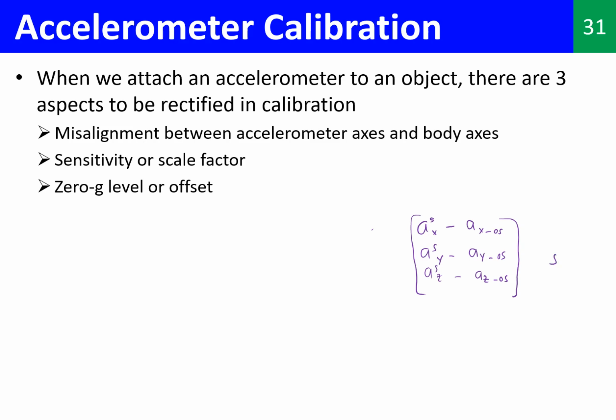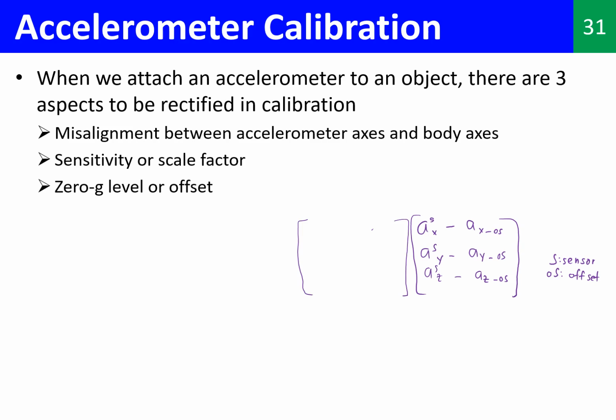S is sensor and OS is offset. After we remove the offset, we need to scale it. That can be done using a 3x3 matrix.